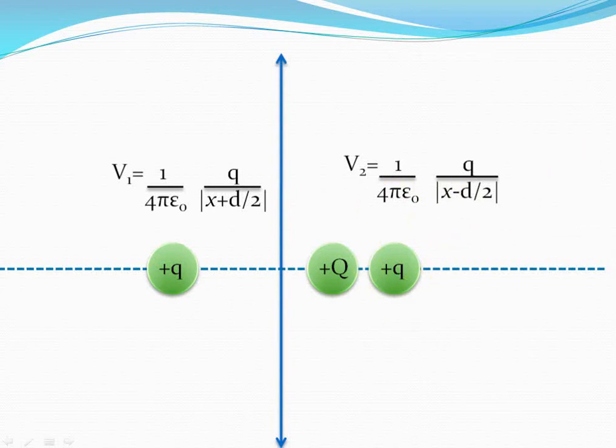This is given that the distance between the two charges is d and the distance of this positive charge plus q from the origin is x. So the potential at any point x because of these charges is this expression and this expression. The net potential will be v1 plus v2.